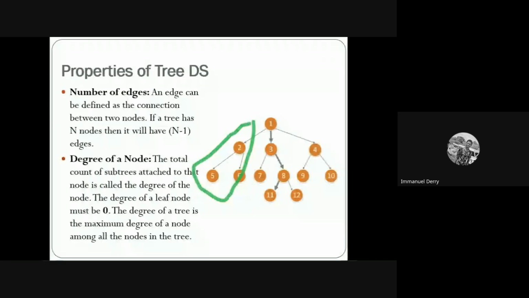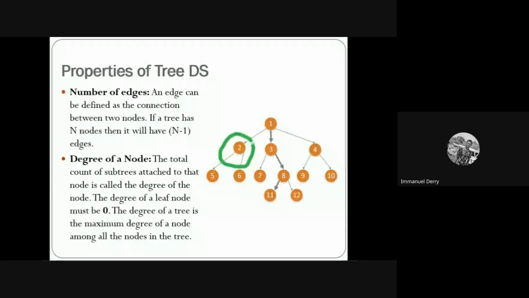Now let's take this particular node here. How many subtrees are attached to 2? We have 5 and 6. Yes, ideally 5 and 6 are supposed to be nodes, but they can equally be called subtrees as well, because Prince made an assertion that before you become a tree or a parent, you need to be a child first.